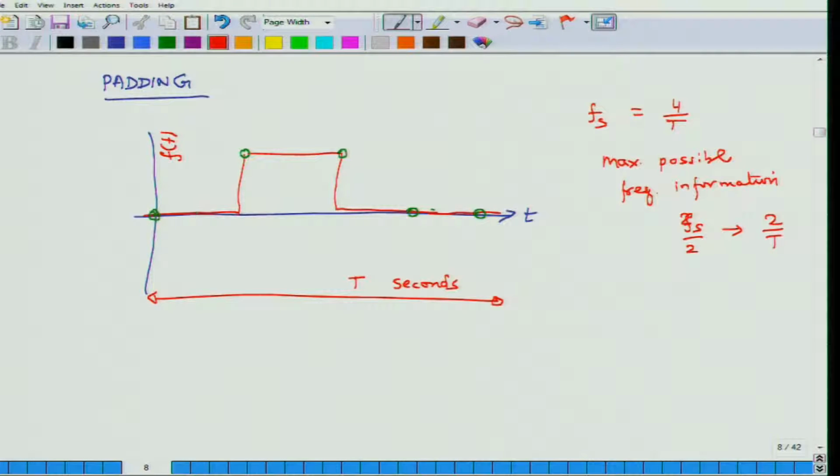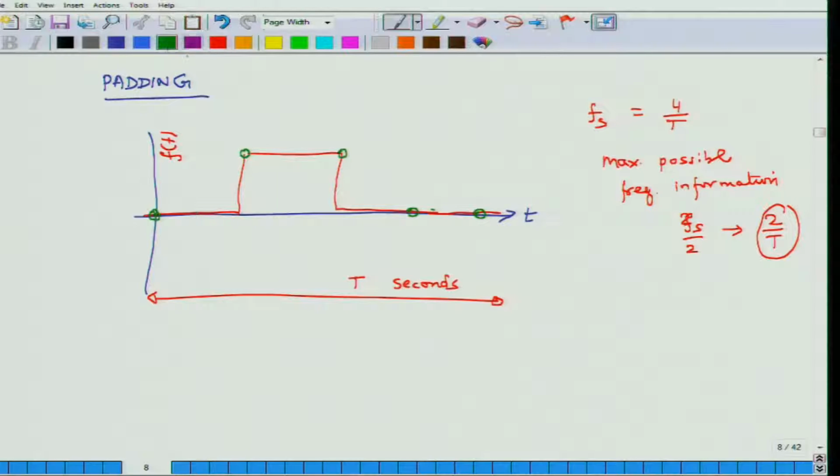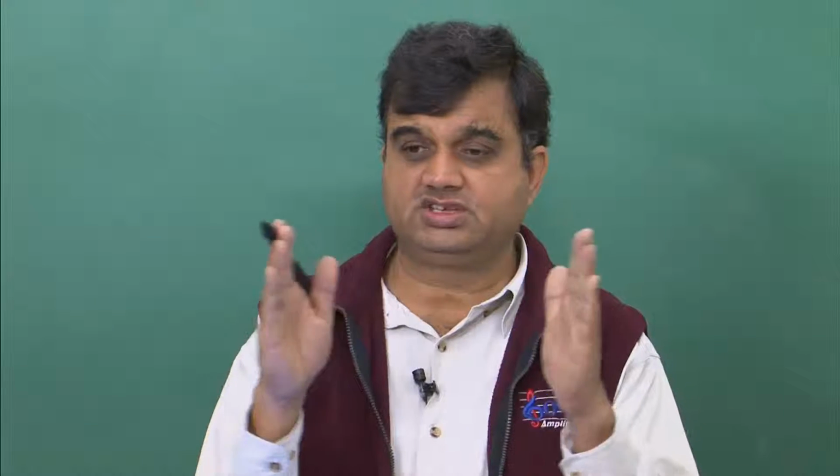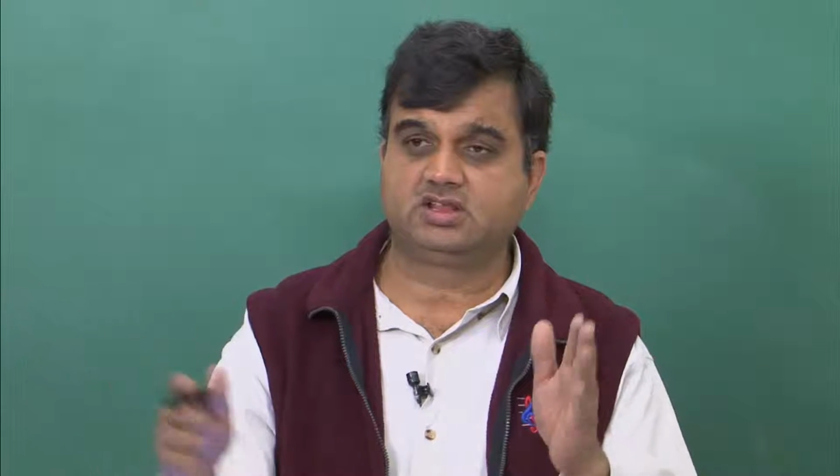Suppose I want more points, suppose I want more information on frequency, suppose I want this number to be very high, then what do I do? I put more points. So, that is called padding. I can either interpolate between adjacent points, or if 2 points are close by and I do not think it is going to change between them, I just take a straight line.